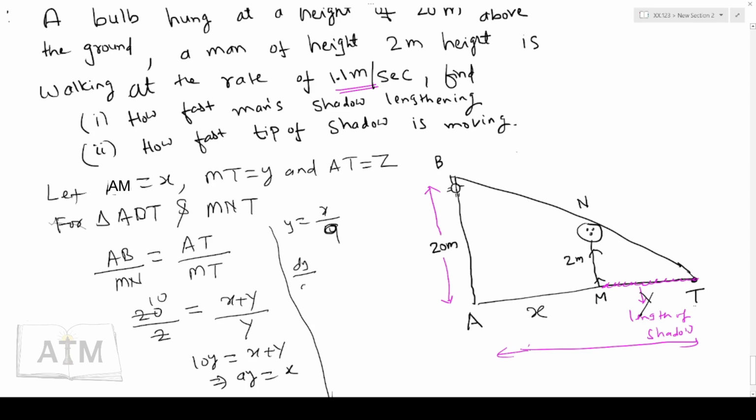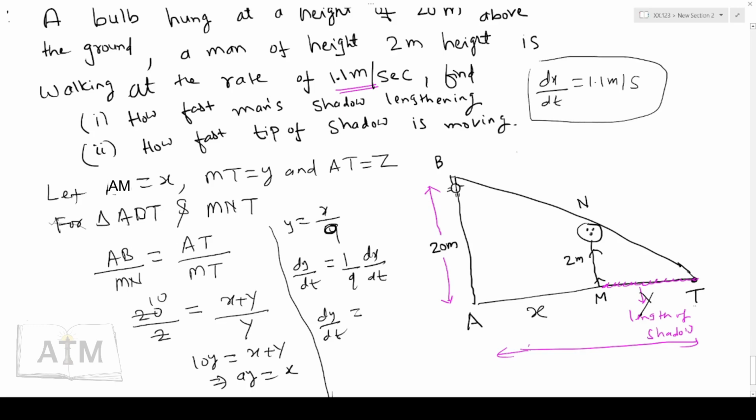dy by dt equals 1 upon 9 into dx by dt. What is given in the question? The man is walking at the rate of 1.1 meter per second, so dx by dt equals 1.1 meter per second.